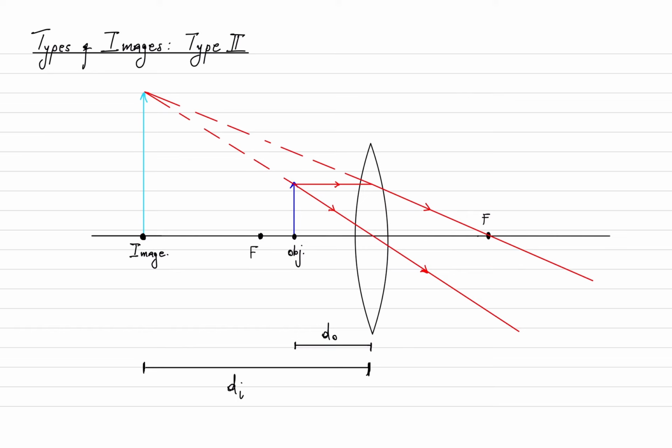But the way the actual light rays propagate, it seems as though they came from this point. If we were to place our eyes here, our eyes can cause these light rays to converge, and therefore we will see some image, and that image we will see will look like it came from this point.